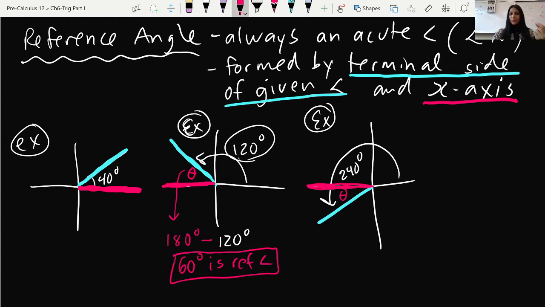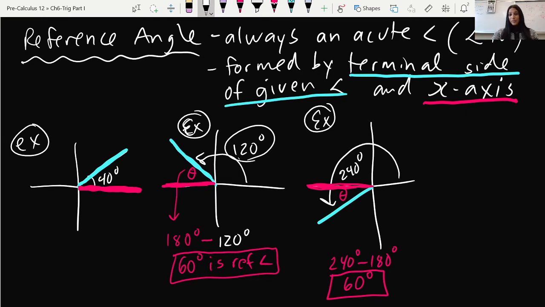If going from here to here is 180 degrees, and I have all the way to 240, I'm going to say 240 degrees minus the 180 degrees that's there, basically just finding the difference between these two. So 240 minus 180 also happens to be 60 degrees for my reference angle, and I'm going to put a box around that.